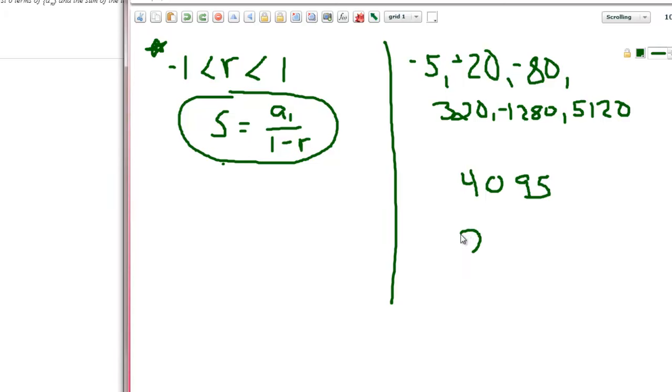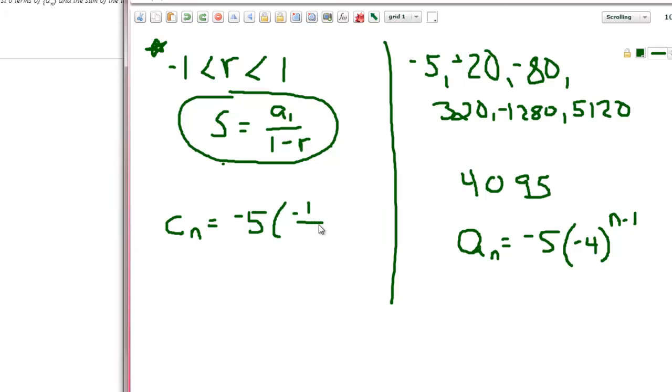So the first one here, a sub n, equals the first term, which is negative 5, times negative 4 to the n minus 1 power. And this one over here, C sub n, is the first term, but this one is negative 1/5 raised to the n minus 1.